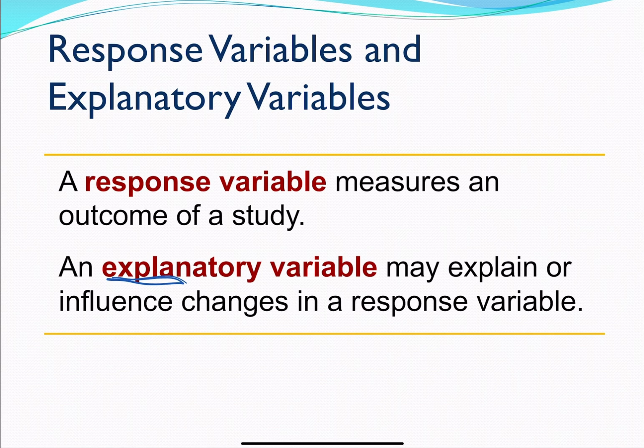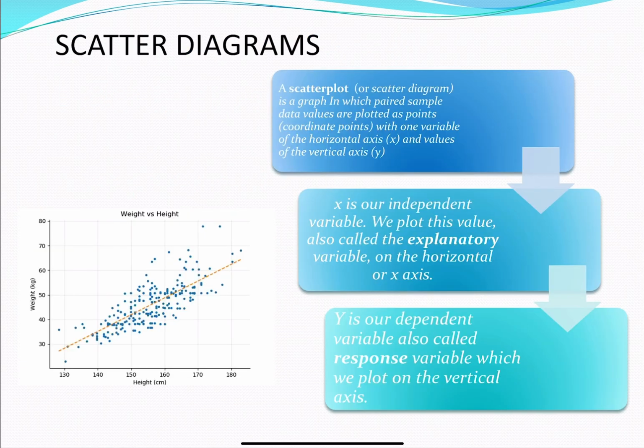So when I approach my scatter diagram knowing this, I've got my scatter plot, I've got my x-axis, right? That's our horizontal one. I've got my y-axis. And my explanatory variable is always on the x-axis.